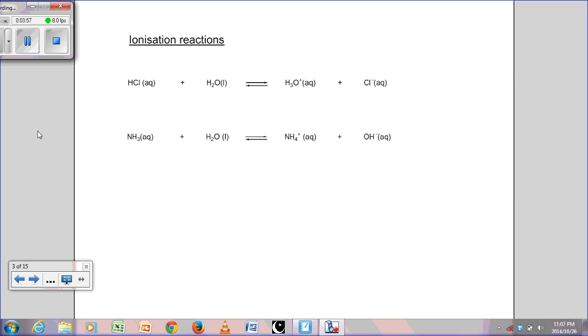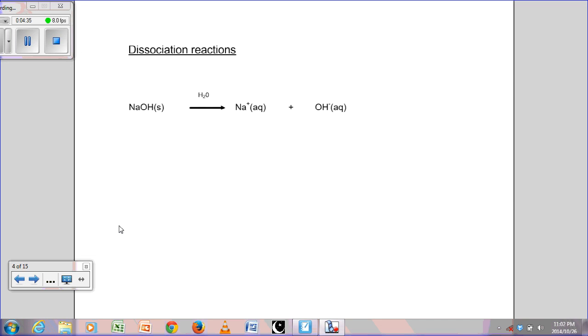When these covalent substances, HCl for example, react with water, we see an ionization reaction taking place where we form H3O+ ions and Cl- ions. And NH3, which is a weak base, because it is covalently bonded, when it reacts with water, forms NH4+ and OH- ions. So ionization reactions occur when covalently bonded substances react with water, and we see the reactions as we have here.